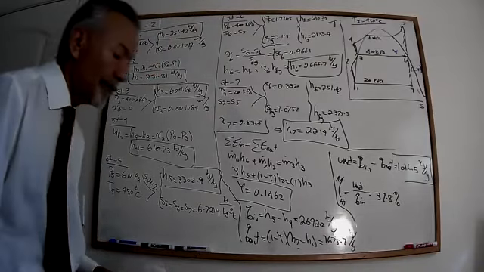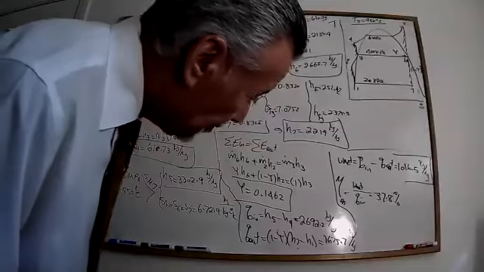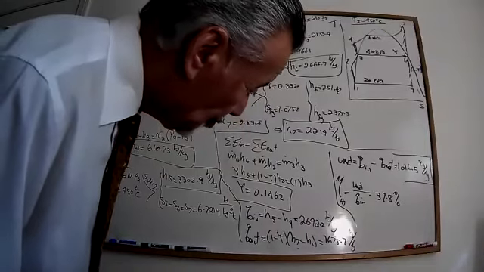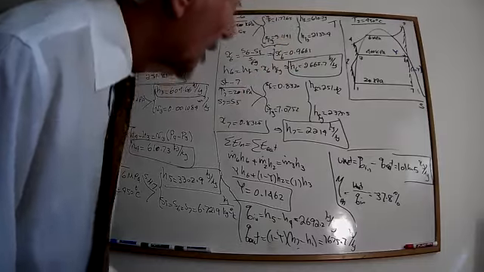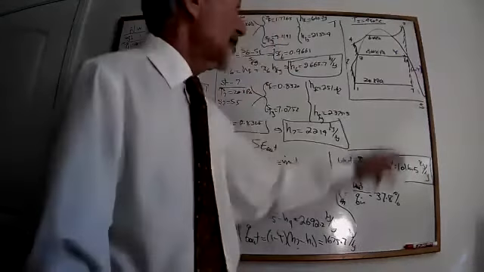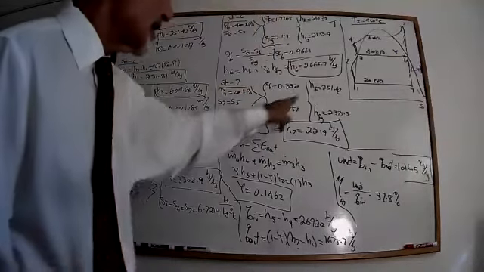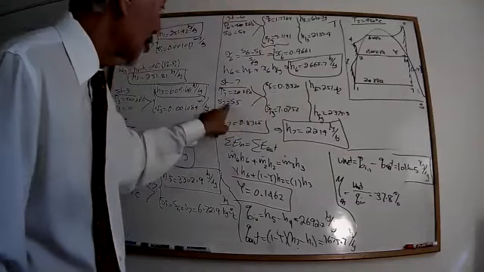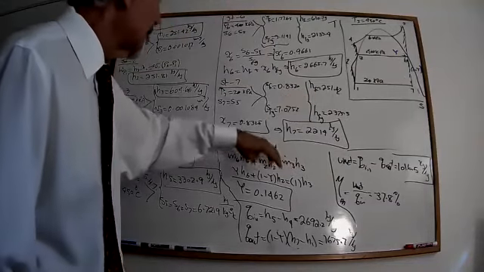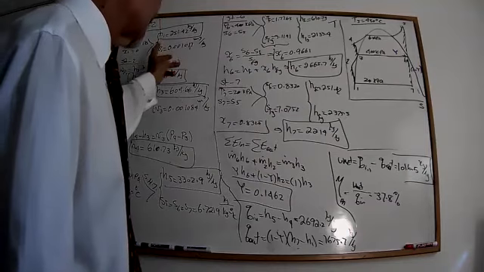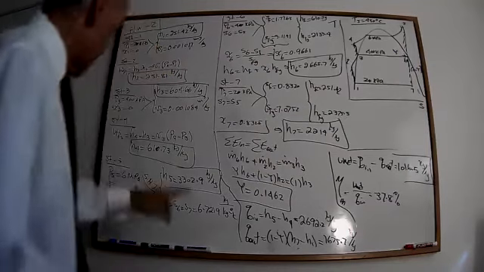Yes, Professor. You said that the H of F for state 6 is the same as H of 3, right? No, I didn't say H6 is that. I said H of F at 0.6 is the same. Yeah, the top one. Wait a minute. Where are we?